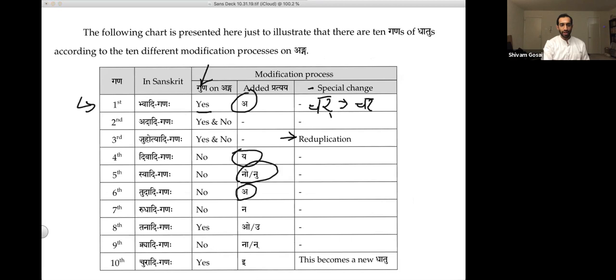Now, if we go back to this chart, if we look at the fourth gana, the dhatu is called Devadi gana. We add a yakara to the dhatu to make an anga.